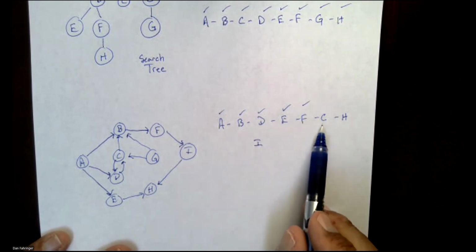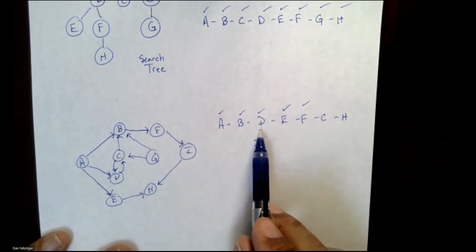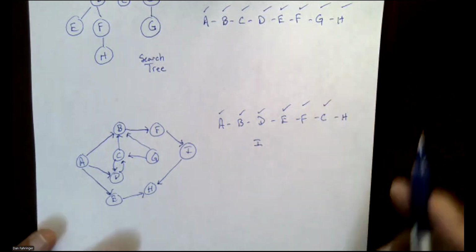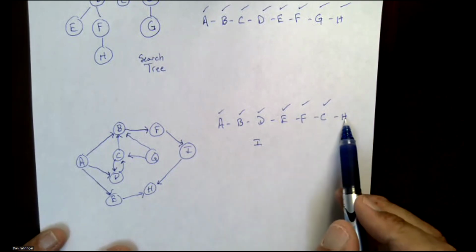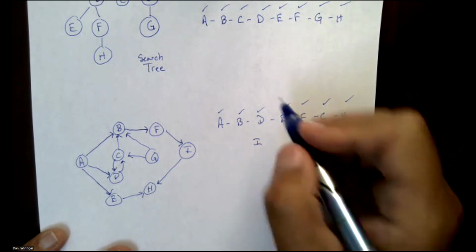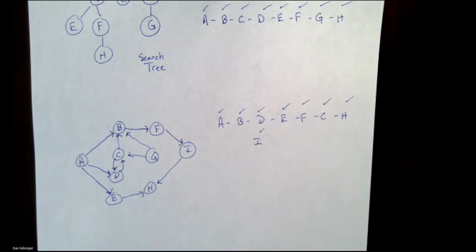C goes to D, which we already have, and B, which we already have. H goes to nobody, and I goes to nobody.